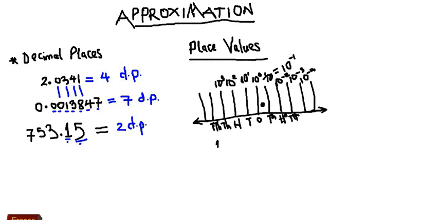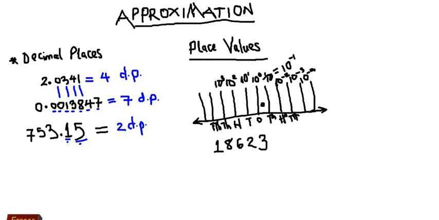So if we're given a number, let's say 18623, and we say let's round it off to the nearest hundreds. If we want to round off to the nearest hundreds, it means we are looking for the place value for hundreds in this particular number.